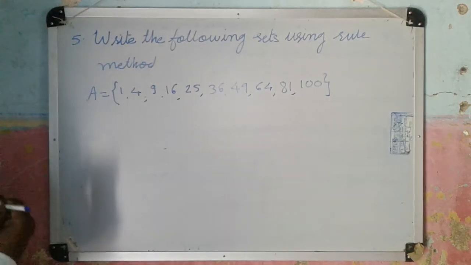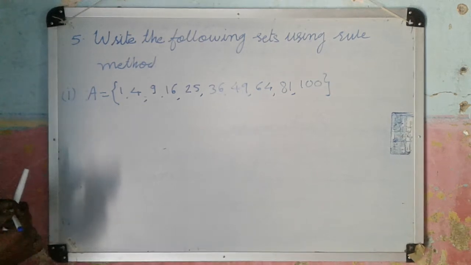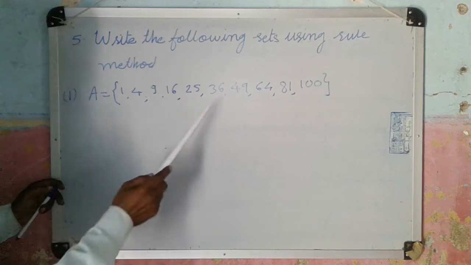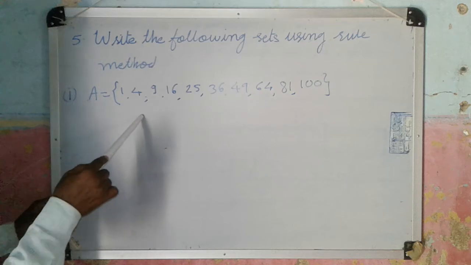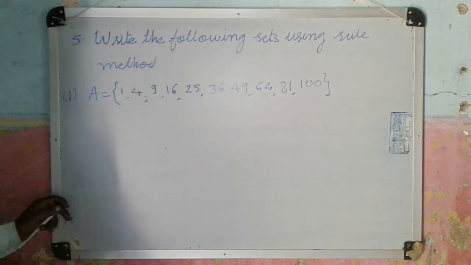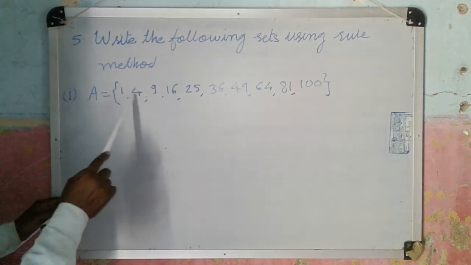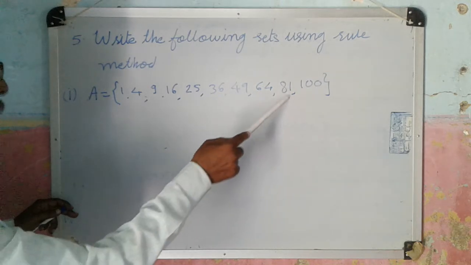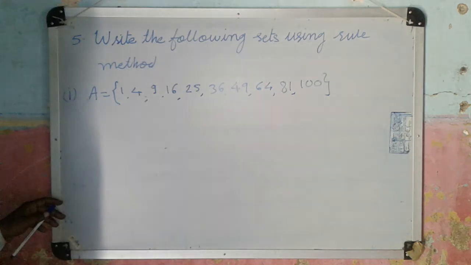Now, example 1. This set is written using listing method. Now you have to write this set using rule method. Now observe these elements of the set: 1, 4, 9, 16, 25, 36, 49, 64, 81, 100. If you observe these numbers, these are perfect squares.